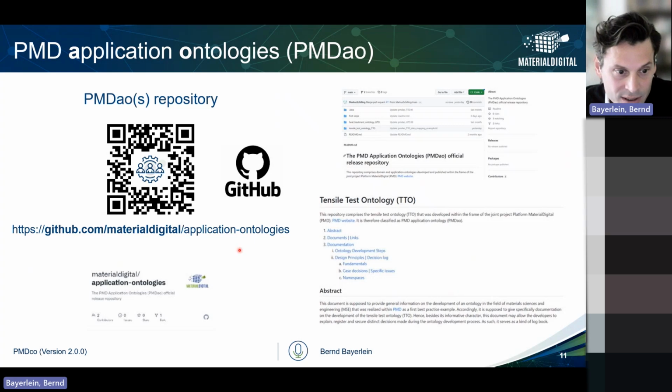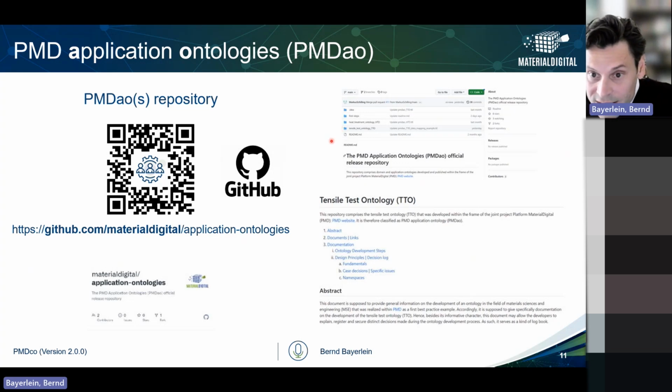So there's also in the GitHub MaterialDigital, you can find this. There's already the heat treatment ontology, and there's the tensile test ontology I was referring to at some points of the previous presentation.